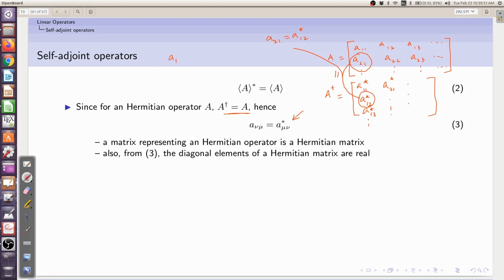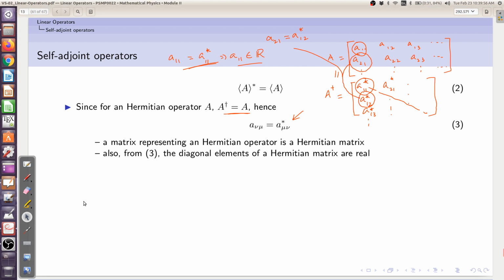A11 must be equal to A11 star, because this is a diagonal and this is another diagonal. This means that A11 is a real number, belonging to the set of real numbers. So for a Hermitian operator, all the diagonal elements must be real.